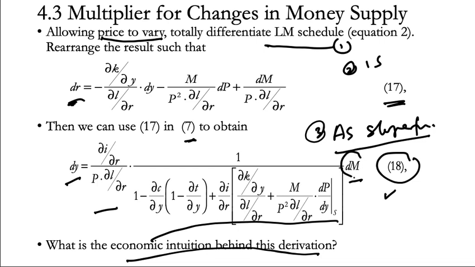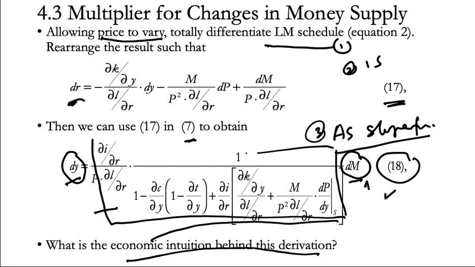A change in money supply by 1 unit will increase or decrease dy, or output, by the amount of this term. The amount of this term refers to the multiplier for changes in money supply.